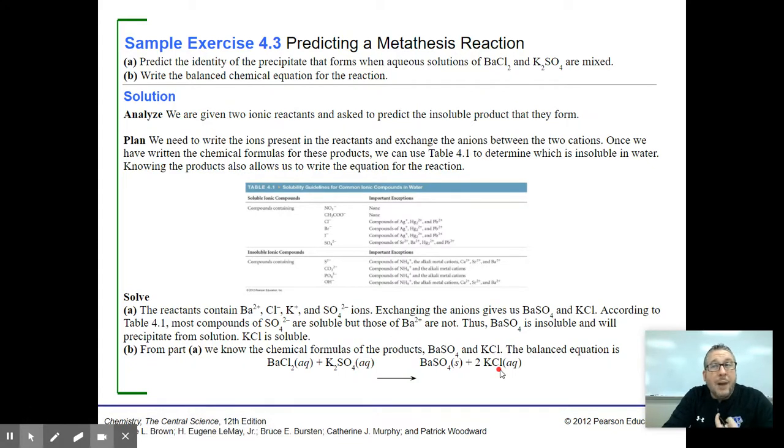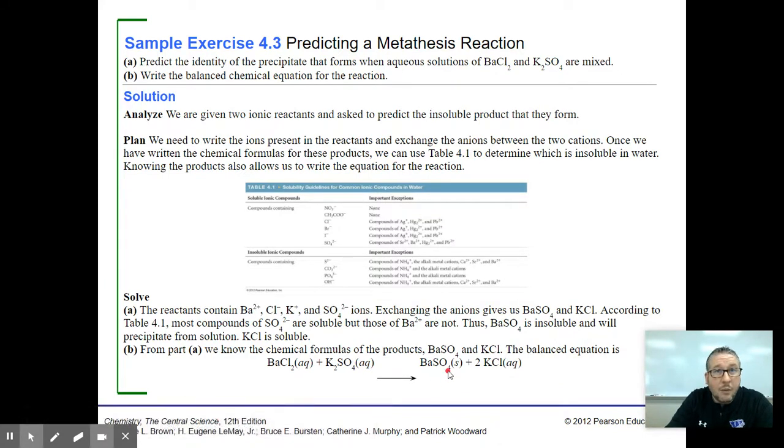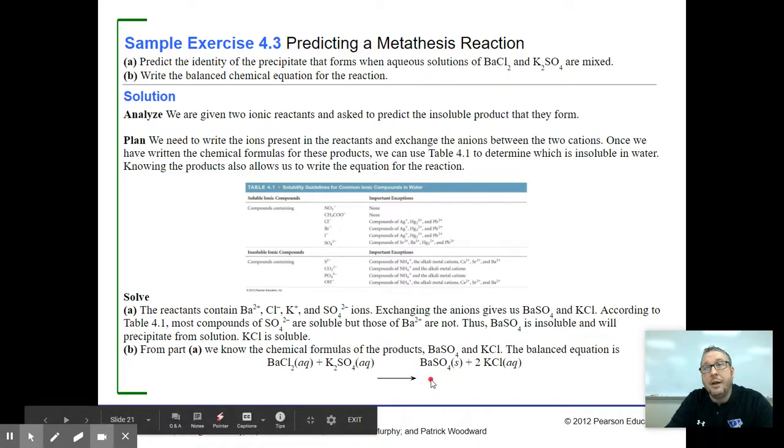And so we don't have to run this reaction. We can use the solubility guidelines to help us predict that sulfate, when bonded with barium, is going to be insoluble. So that becomes a solid. Potassium chloride is going to remain aqueous, again based off of the solubility guidelines.